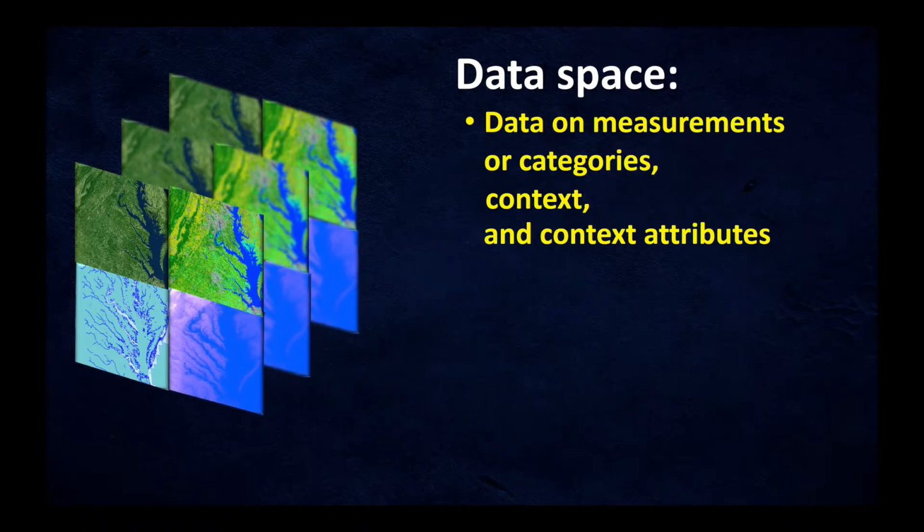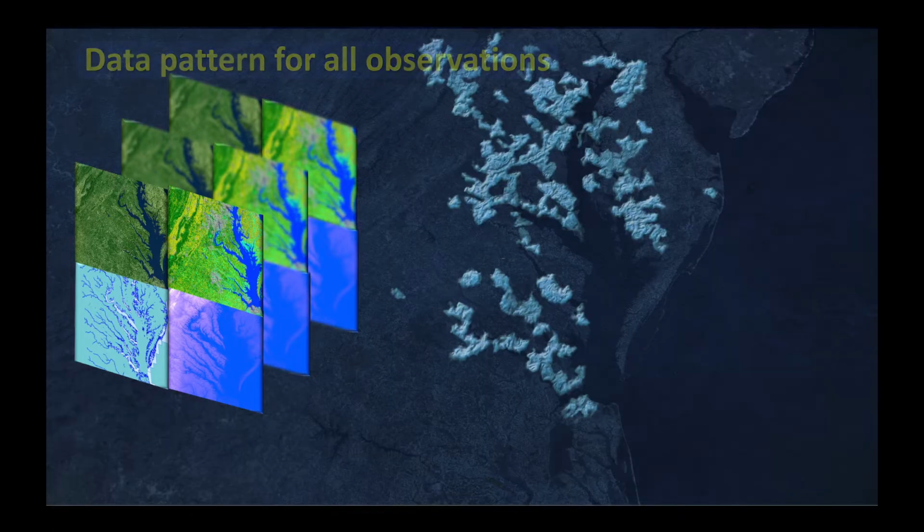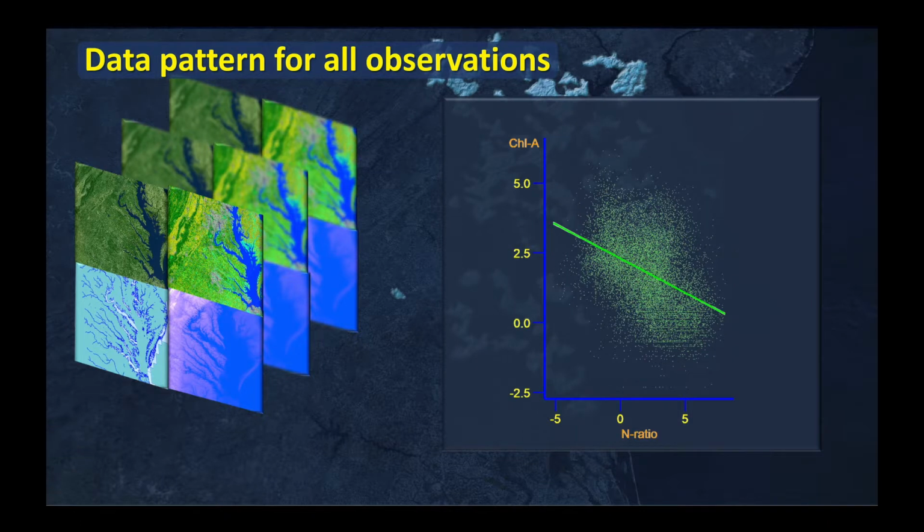We use it to investigate probabilistic relationships among measurements or categories, context, and context attributes. Exploring our data space, we may, as we have already seen, estimate a model approximating the data across all of our observations.